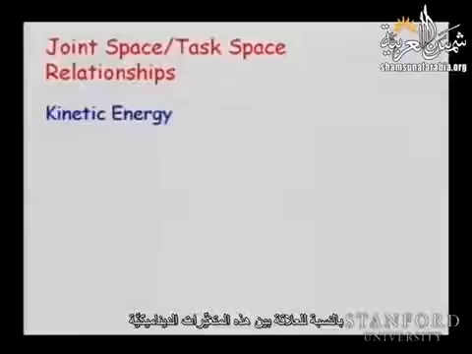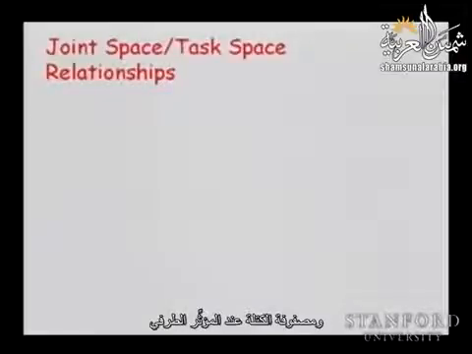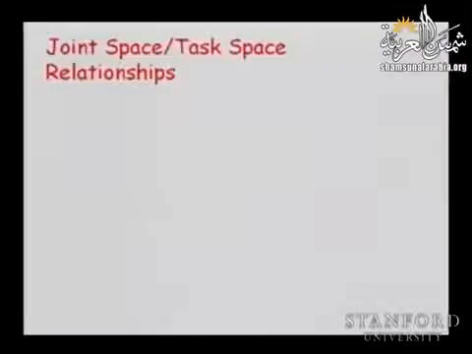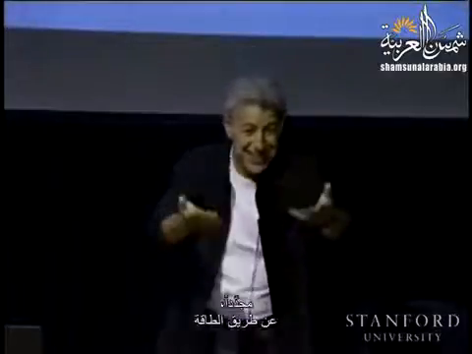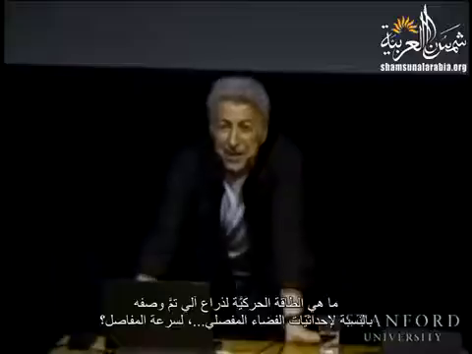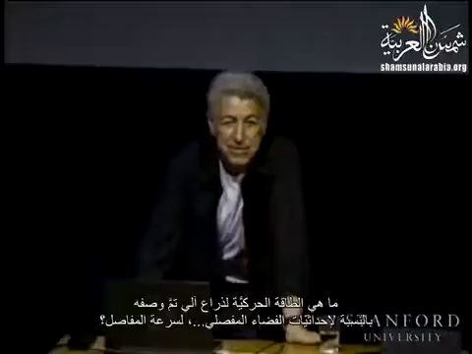So the relationship between these dynamics, the mass matrix M of inertial properties at the joints, and the mass matrix at the end effector. How can we establish those relationships? Again, energy. Yeah. So what is the kinetic energy of a manipulator described with respect to joint space coordinates, with joint velocities? 1/2 q dot transpose M q dot.